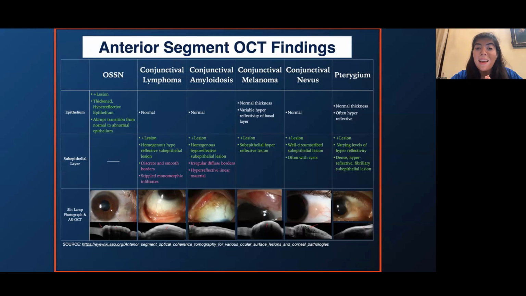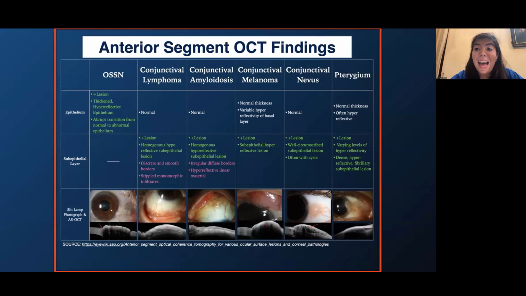Now, OSSN, as you can see on the table in the second to leftmost column, is located in the epithelium. It's a disease of the epithelium, whereas the other 5 lesions noted there are primarily subepithelial. Their pathology is located in your subepithelial layer.